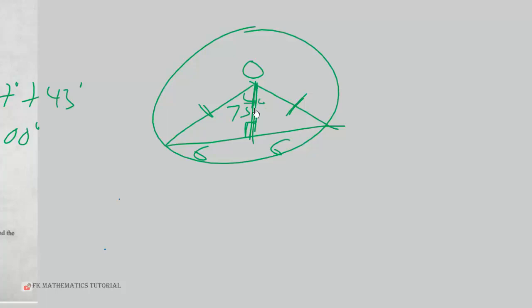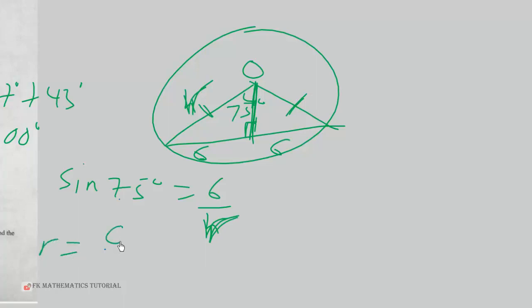So using sine, sine 75 degrees will be equal to opposite, which is 6, over hypotenuse, which we don't know. The hypotenuse is the radius. So let me put R there. So R will be equal to 6 over sine 75 degrees.